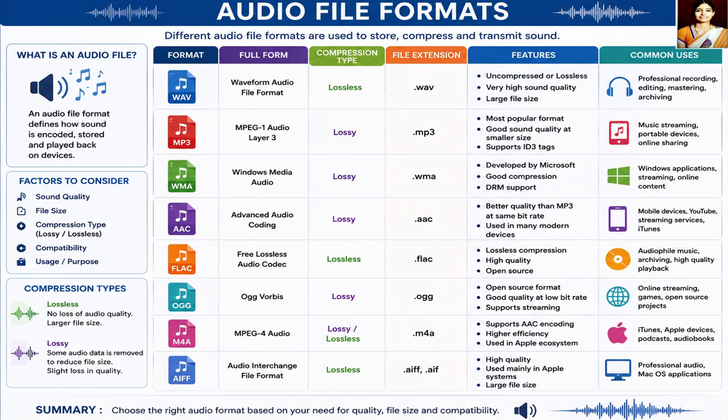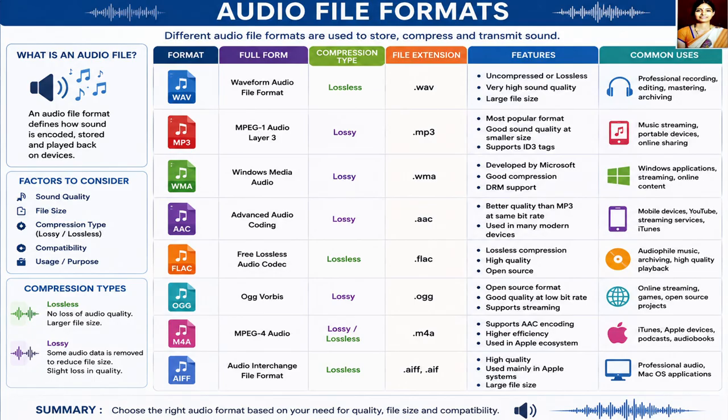And .AAC provides very good sound quality at low file sizes. This is widely used for streaming, for mobile devices and all. And .FLAC is again lossless compression, so the original audio can be reconstructed without any loss.